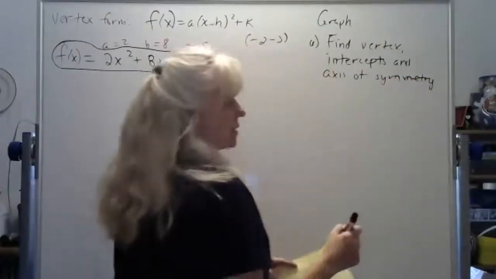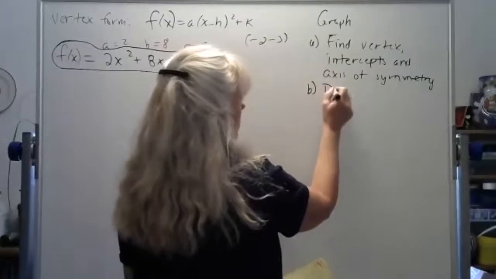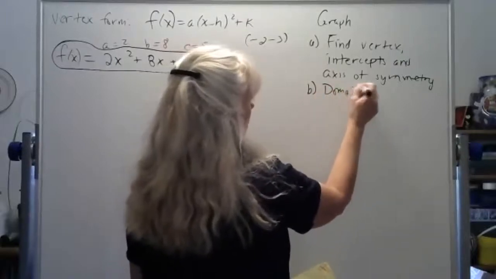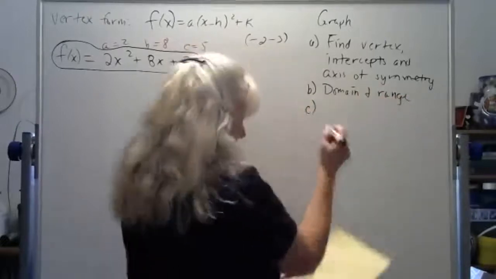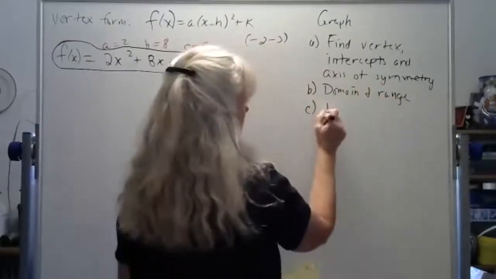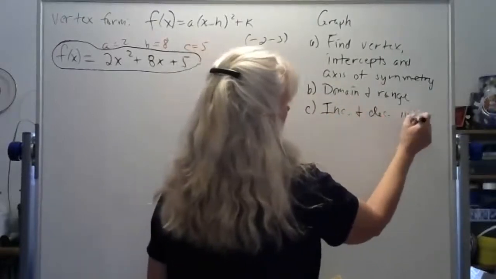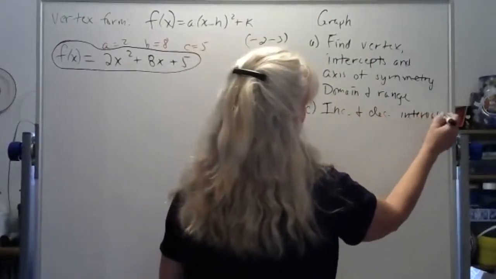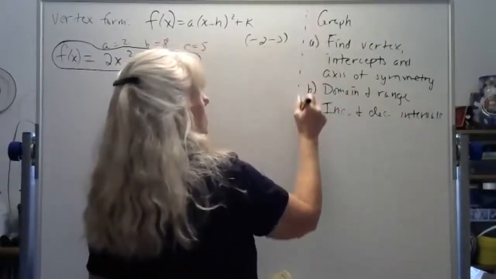So the vertex, the intercepts, and the axis of symmetry. We're then going to find the domain and range. Then finally, the increasing and decreasing intervals.